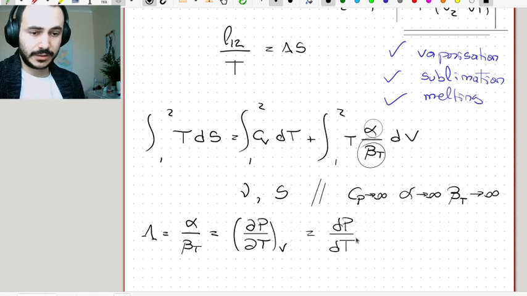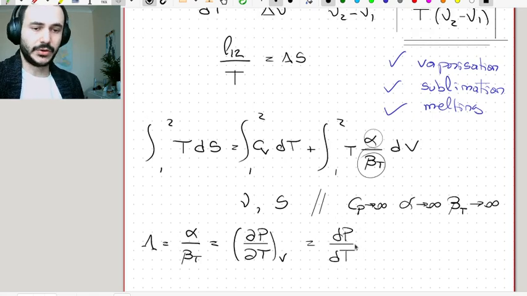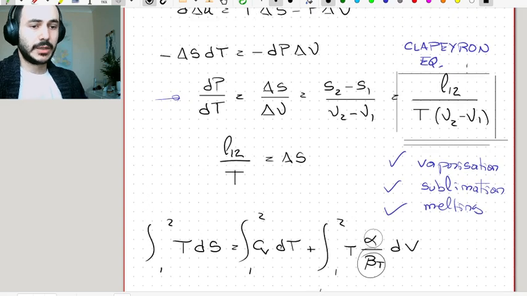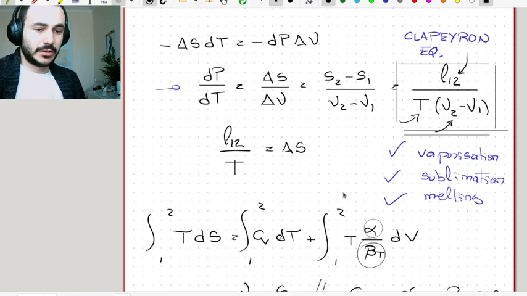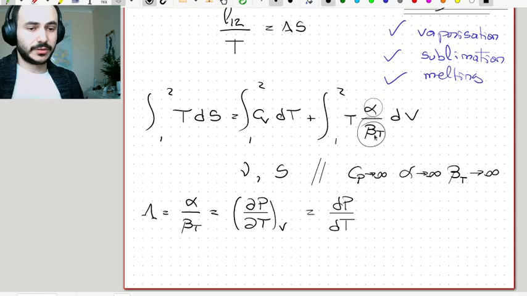This derivative is certainly not divergent. The latent heat is a finite amount, this difference in volumes is also finite, and this temperature is non-zero. So the whole thing is non-diverging. Even if numerator and denominator themselves go to infinity, the ratio does not go to infinity. So this part here is fine.